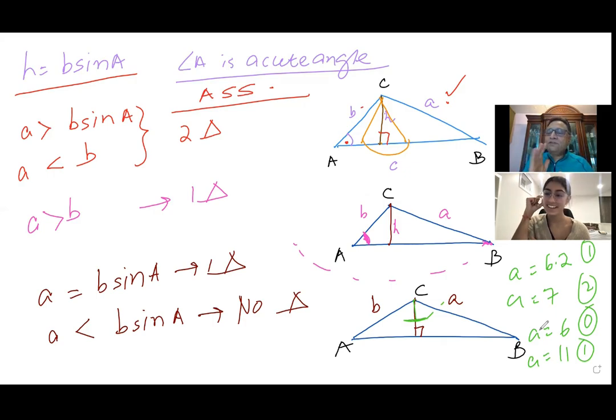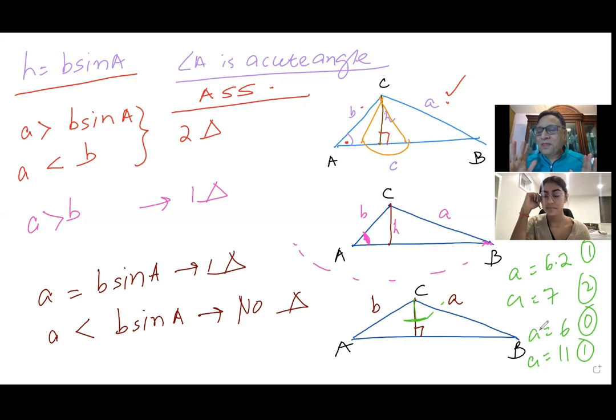So whenever you're given an acute angle and two other sides, make a triangle as shown here. Put that given angle as A and compare B sine A with the third side A. A should definitely be less than B to try it out. If A is greater than B, there is only one triangle.